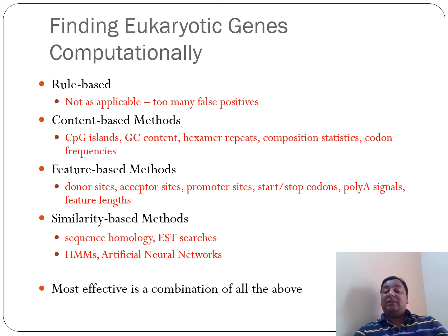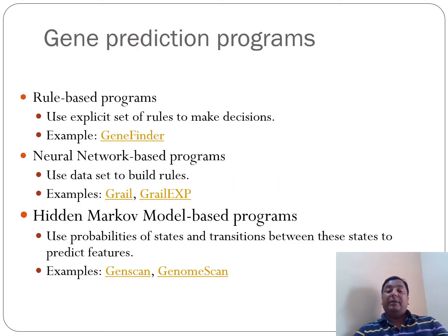And similarity-based methods, many methods are there, the same methods which we used in prokaryotes to identify the prokaryote genes. So there are many programs and software to identify the genes for prokaryotes and eukaryotes by using different methods which we have discussed, like the rule-based method. Gene finders are there.